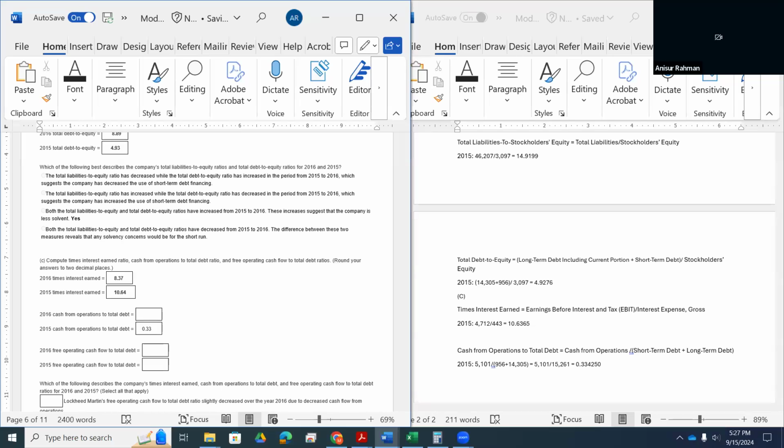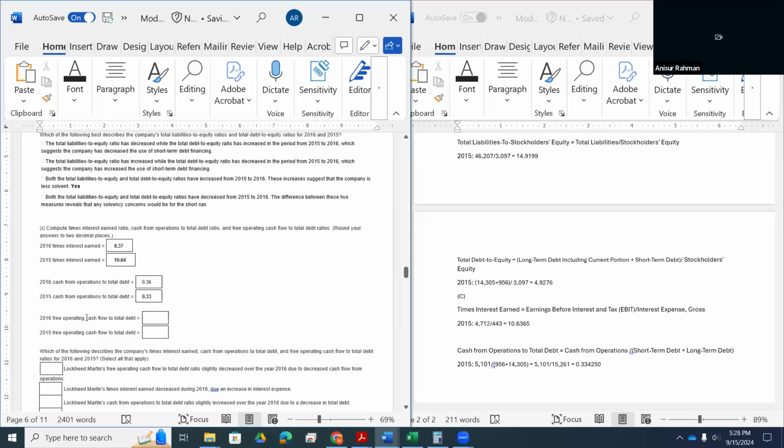Following the same process, .33, just 2 decimal places. Following the same process for 2016, you should get 0.36. These are not in percent.